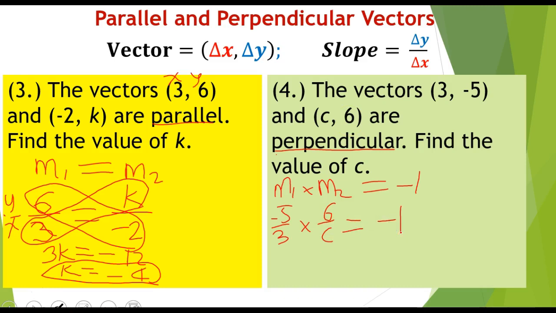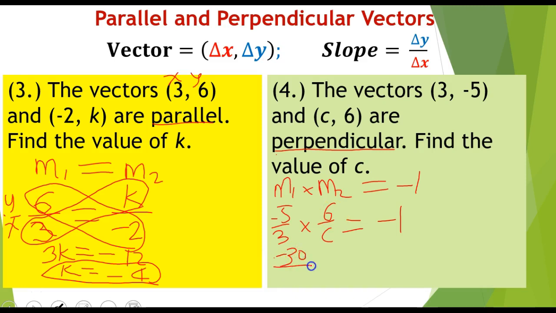So we can cross multiply this and then we will get negative 5c. Sorry, this is not an equal sign, this is multiplication, so we can multiply horizontally. So negative 5 times 6 is negative 30.